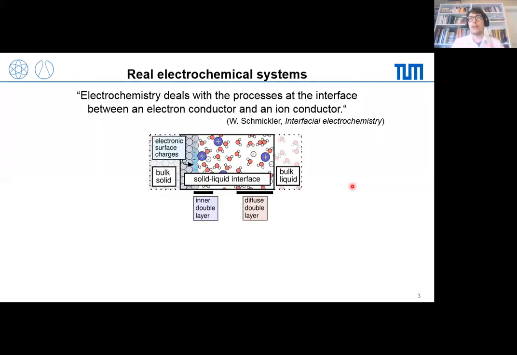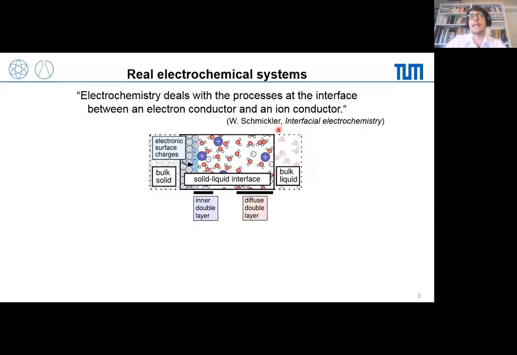And so to set the stage for this thermodynamic description, I think it makes sense to look first at the basic properties of electrochemical interfaces or electrified interfaces. What are the relevant parts of this interface? I think it is very insightful to keep in mind one basic definition of electrochemistry, given by Schmickler in his book Interfacial Electrochemistry.